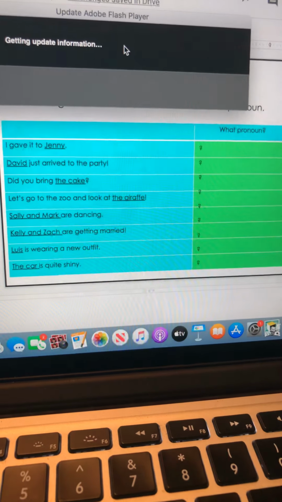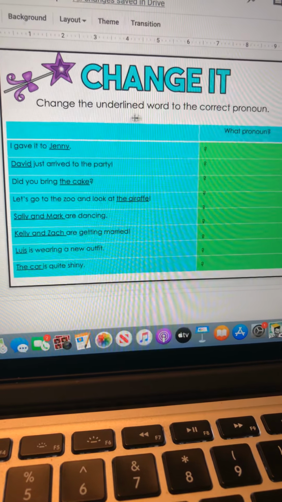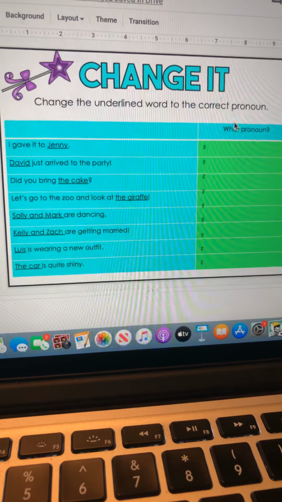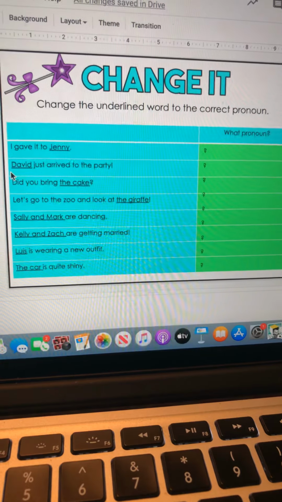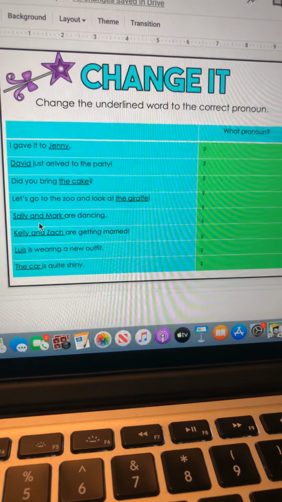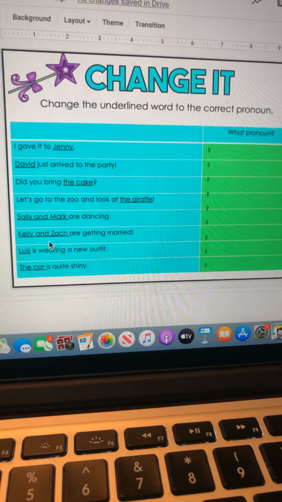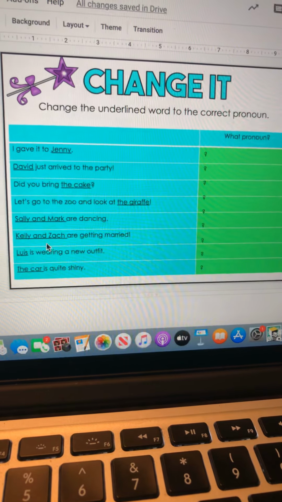All right, and then this last slide is called Change It. Change the underlined word to the correct pronoun. Every sentence has a word that's underlined. You have to take that word or words and change it and put a pronoun in its place.